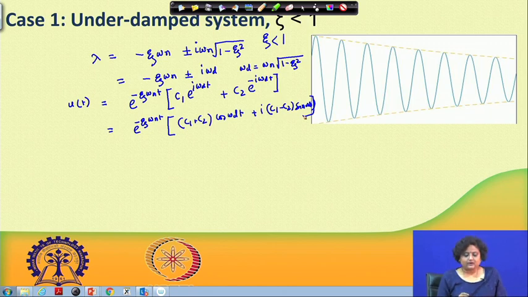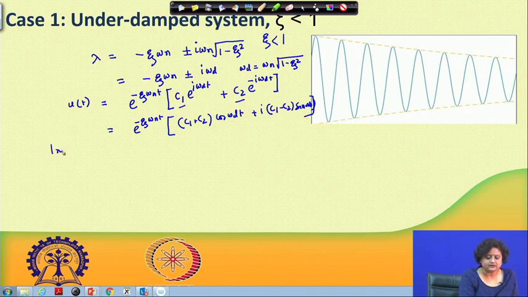Now again, similar to the free vibration problem, I can solve for C1 and C2 based on my initial conditions.